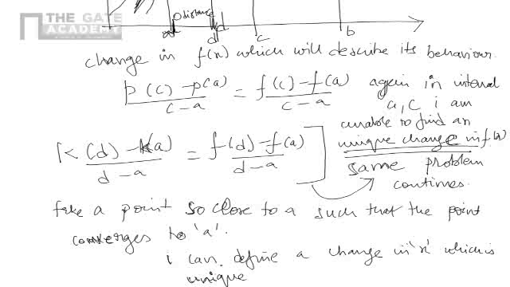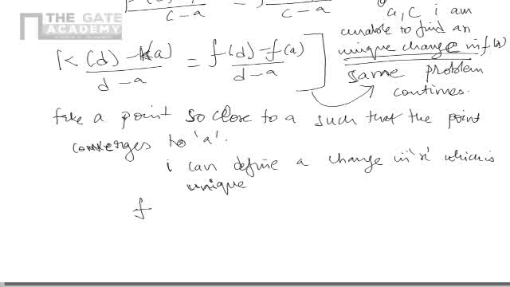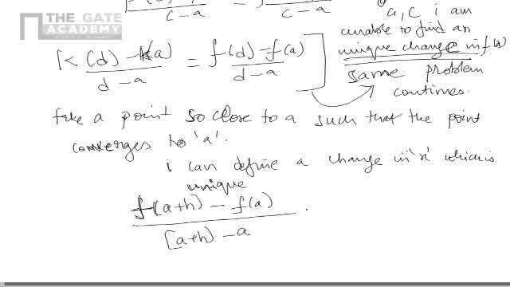Such a change will become like f of a plus h minus f of a by a plus h minus a. This will simplify to f of a plus h minus f of a by h, where h is the separation between the point and A. So how have we taken it?